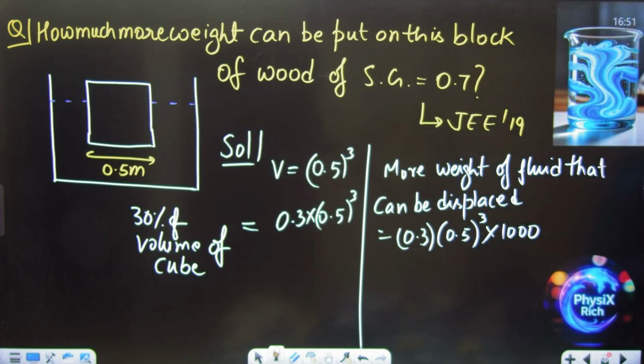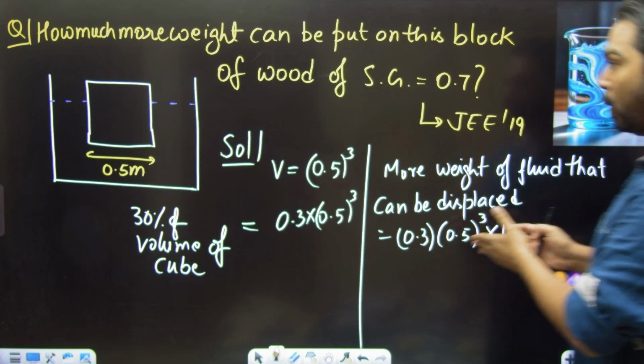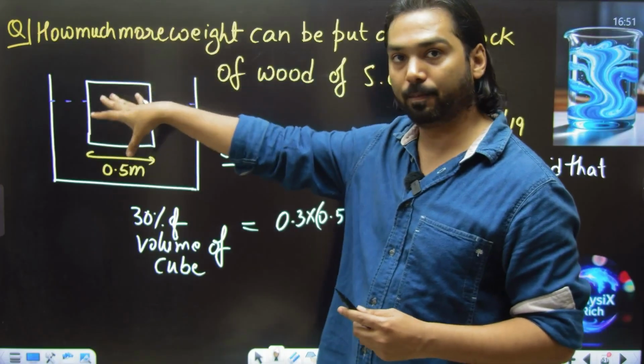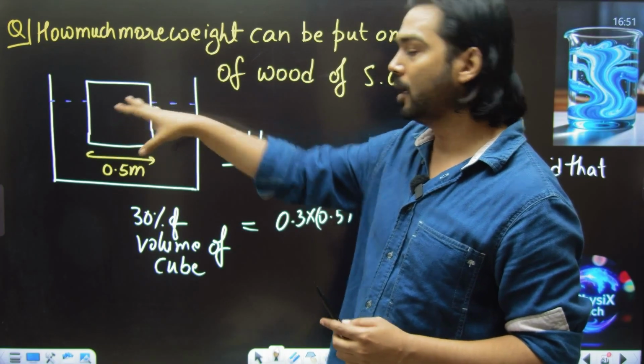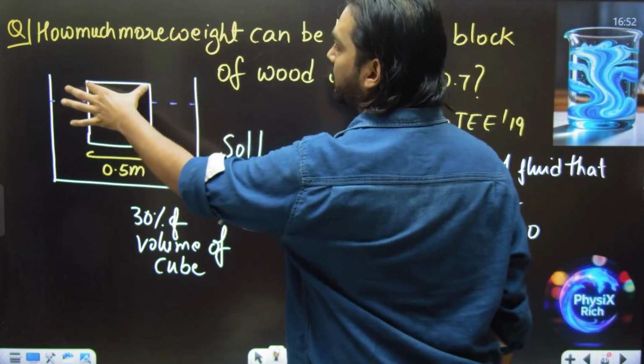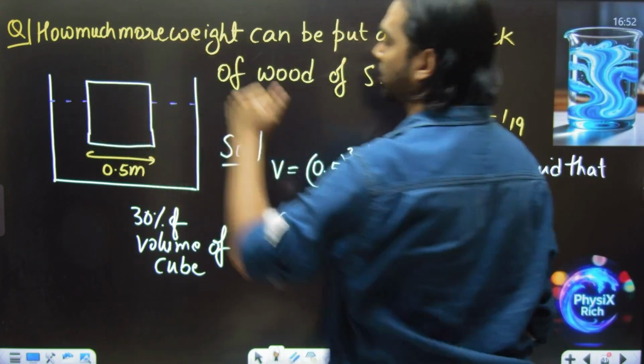And remember, guys, that the volume is in meter cube, so we don't have any problem with this. And this is the weight that can be supported by this block of wood. So if you put the same amount of weight on top of it, then this part will get submerged and it will support that kind of weight.